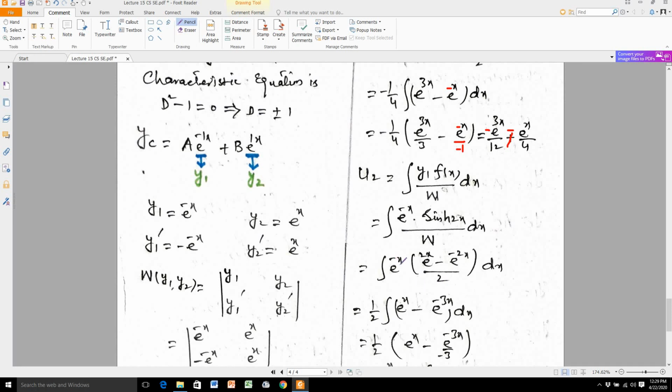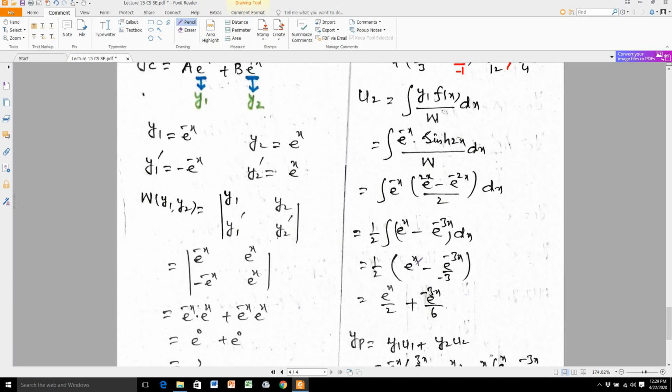Now I multiply this e raised to the power minus x with the interior terms, you get 1 by 2 into e raised to the power x minus e raised to the power minus 3x. When I take its integral, it is equal to e raised to the power x minus e raised to the power minus 3x divided by minus 3. And after simplification, when I multiply this 1 by 2 with the interior terms, we get e raised to the power x divided by 2 plus e raised to the power minus 3x divided by 6.